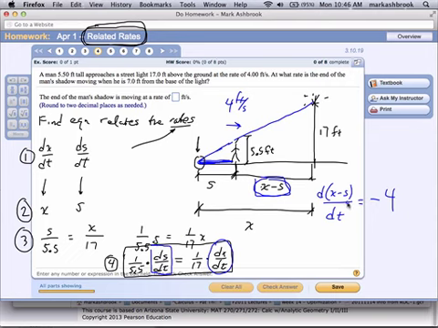How do we take the derivative of a difference? So we're taking the derivative of x minus s. It's easy, right? We've been doing it all semester. It's just the difference of the derivatives.